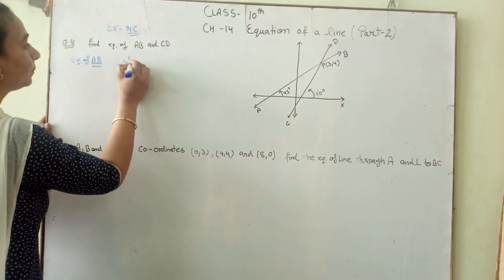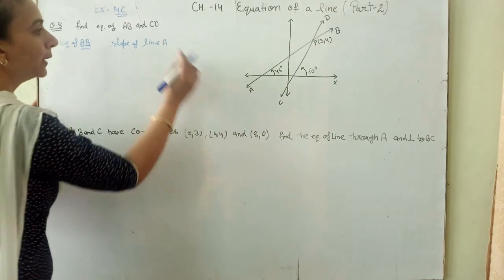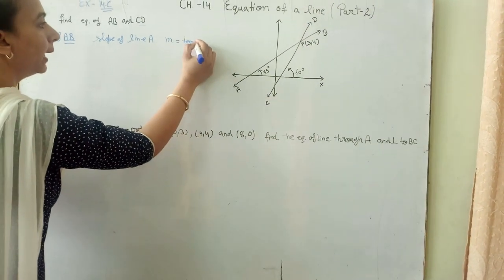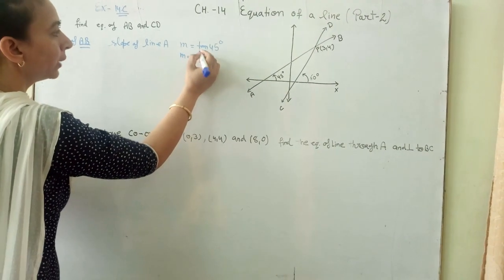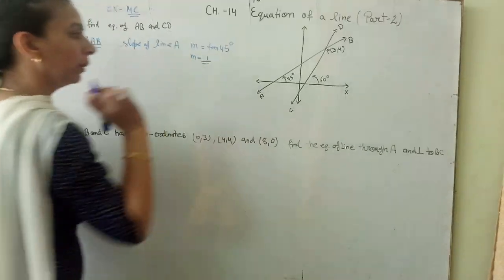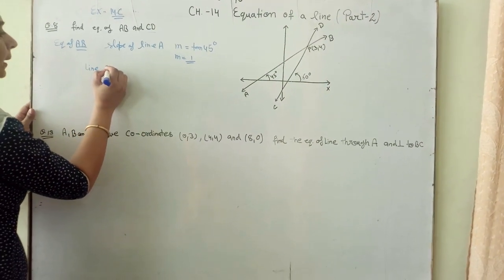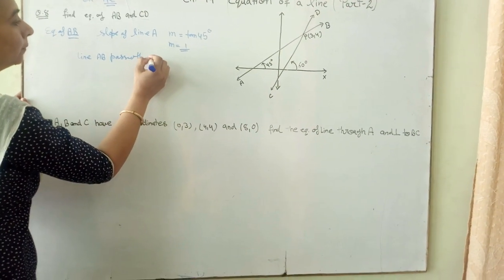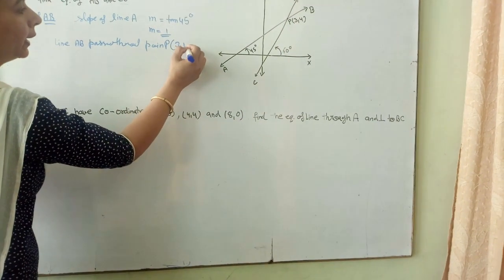Slope of line AB, m equals tan theta, in place of theta tan 45. Then m equals tan 45, which is 1. Slope of line AB equals 1. Again, line AB passes through point P and the coordinates of P are 3 and 4.